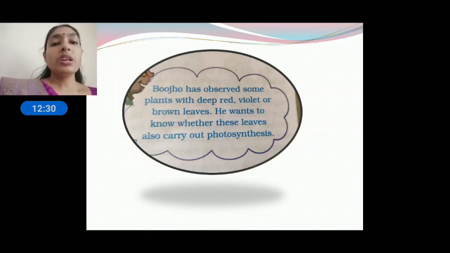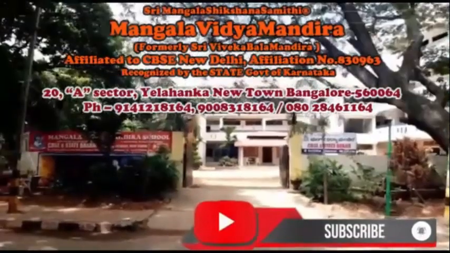Today you have to complete the definitions I have given, like cells, stomata, photosynthesis and chlorophyll, and neatly write them down in your classwork. To start the classwork, neatly write the chapter name and today's date, then start writing the points, and neatly draw the diagram also.